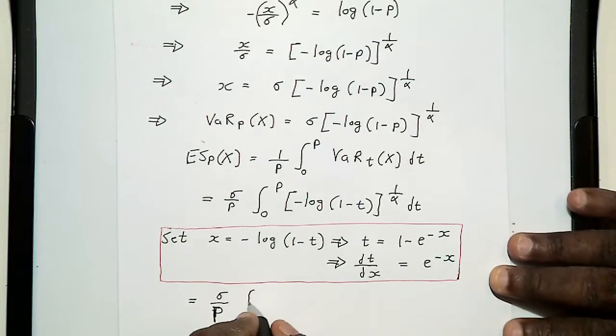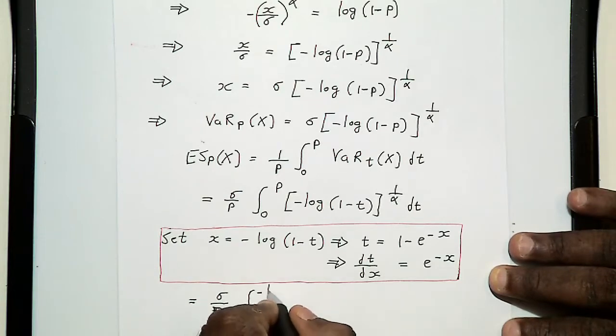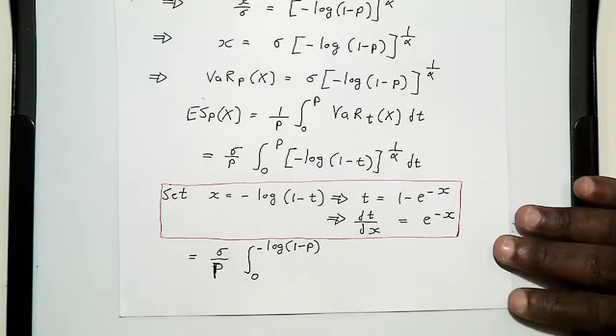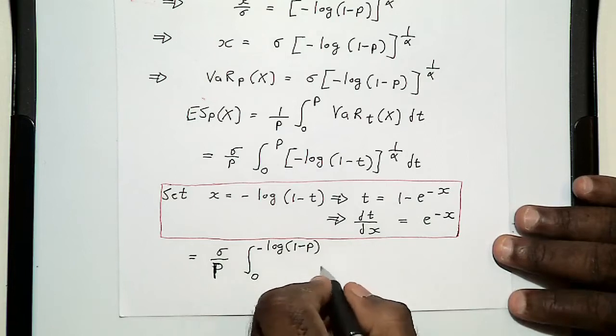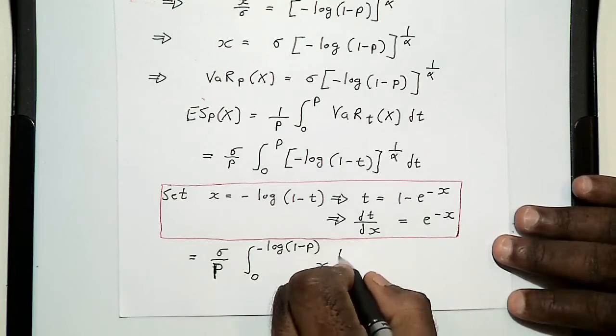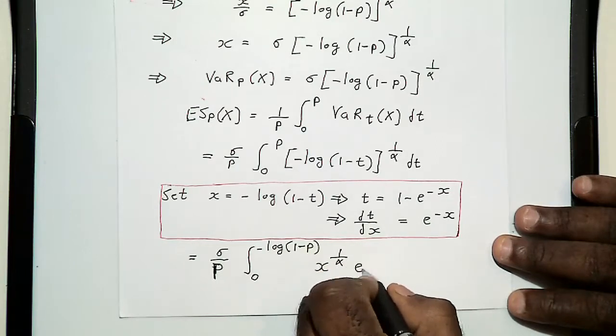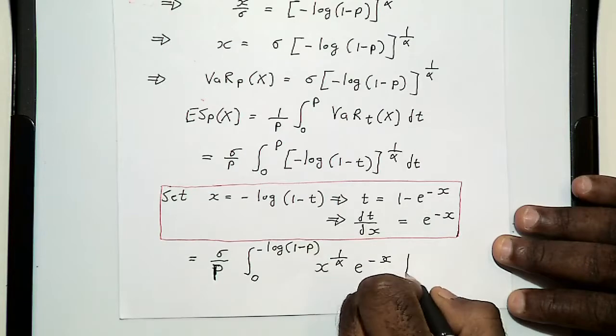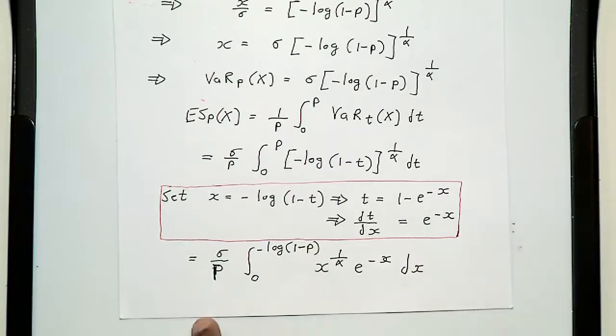The limits of integration: 0 will go to 0 and p will go to minus log of 1 minus p. Right? So you get this.